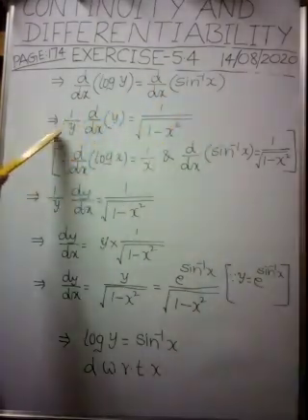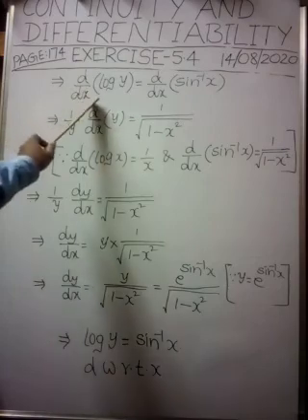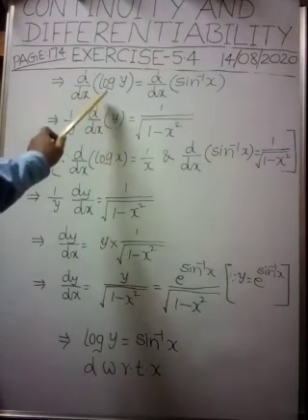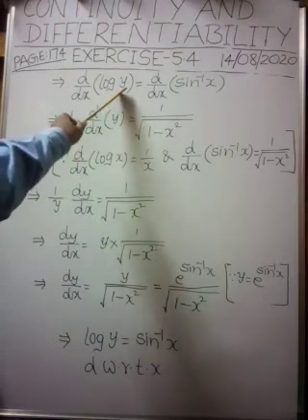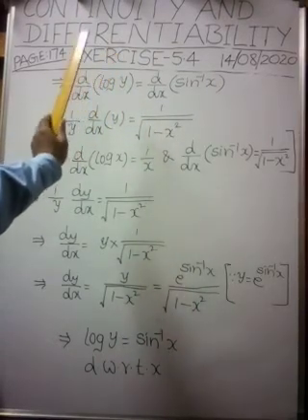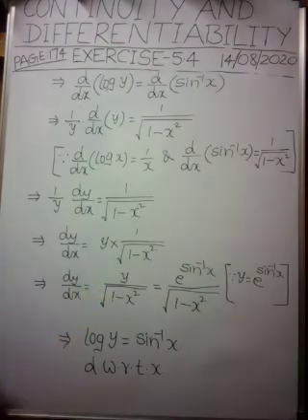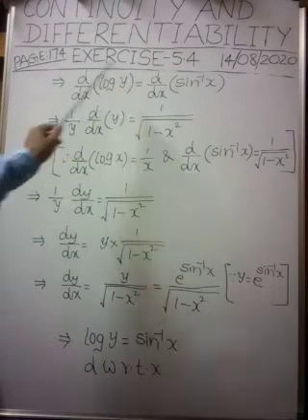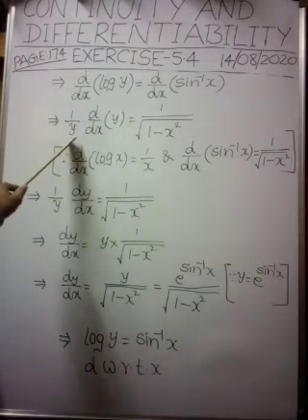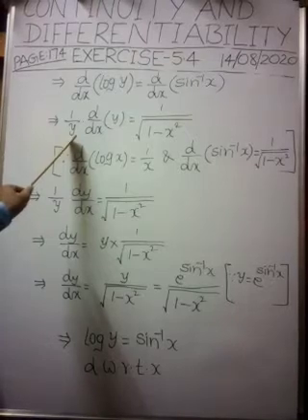This implies in LHS, if you observe, it is in the form of d by dx of log x. Assume this y as x in your mind. We are using here chain rule. So d by dx of log x, what is the formula? 1 by x. So 1 by x means here 1 by y only, not x. My dear children, don't confuse here.